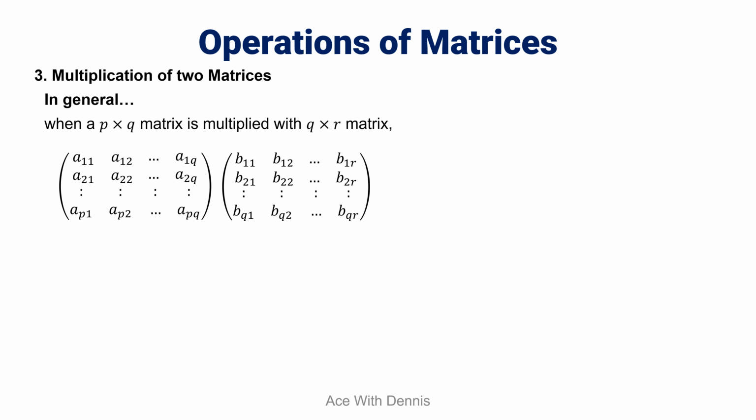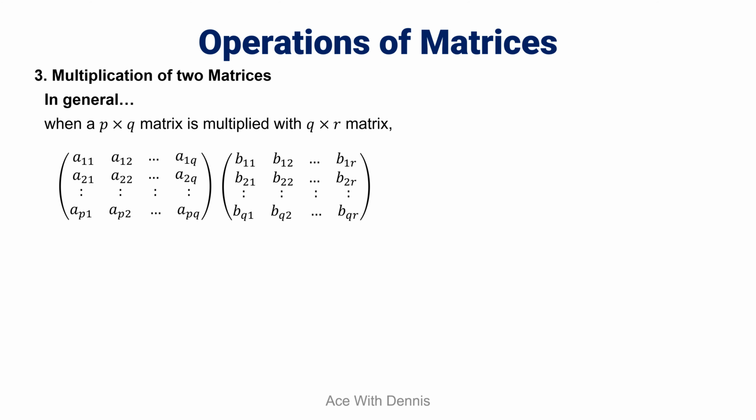Multiply with the second matrix, where the elements are B11, B12, all the way to the last column, B1R, followed by the second row, B21, B22, all the way to the last column, B2R, and follow row by row to the last row, BQ1, BQ2, all the way to the last element, which is BQR.